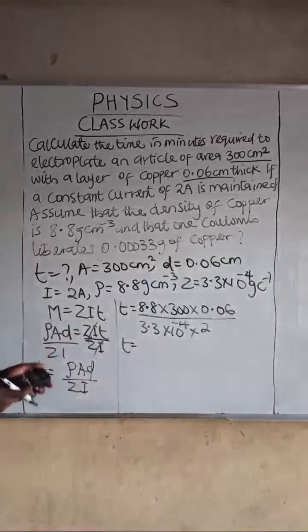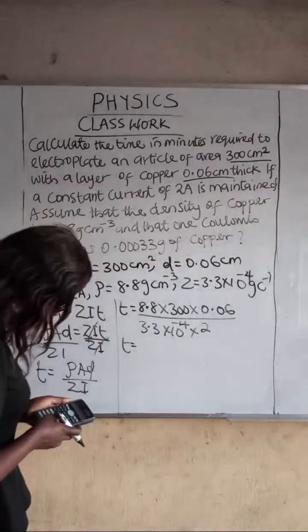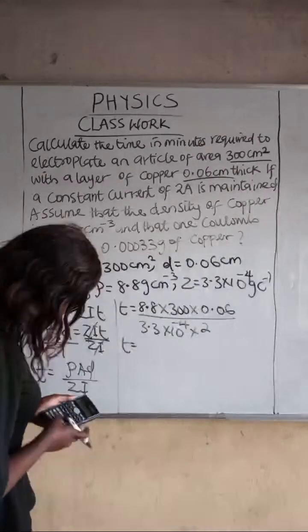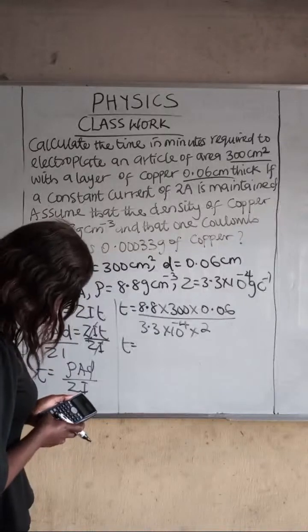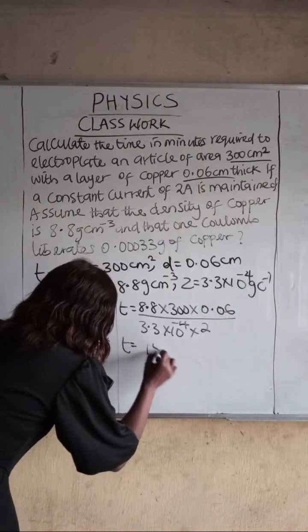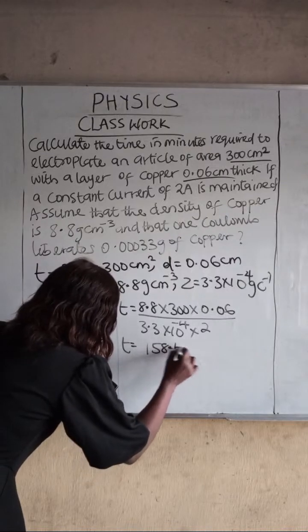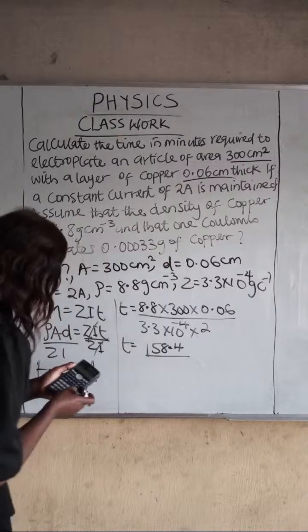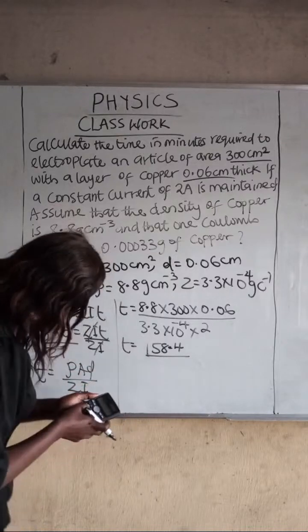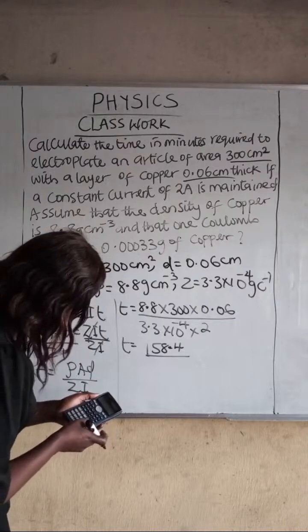Okay? So what I'm going to do is to multiply to see what I have. Let me multiply the numerator first. I have 8.8 times 300 times 0.06. So I have 158.4, divided by 3.3 times 10 to the power minus 4 times 2.